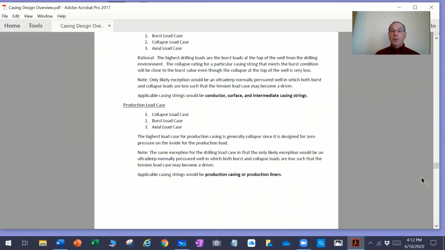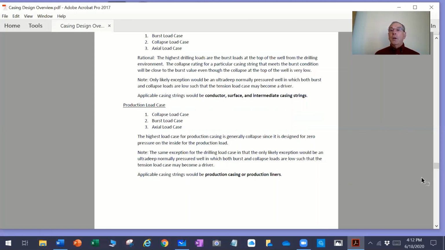Okay. So then the production load case would be, I suggest, to do collapse load case first, and then do burst, and then check axial loads. The worst load case on a production load case is that collapse load of 0 on the inside. Since collapse loads are highest at the bottom of the well and there's 0, it's probably going to be a driver, if it's a high pressure type well.